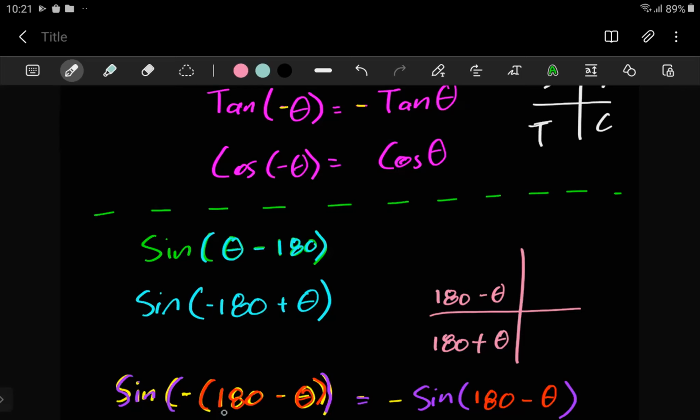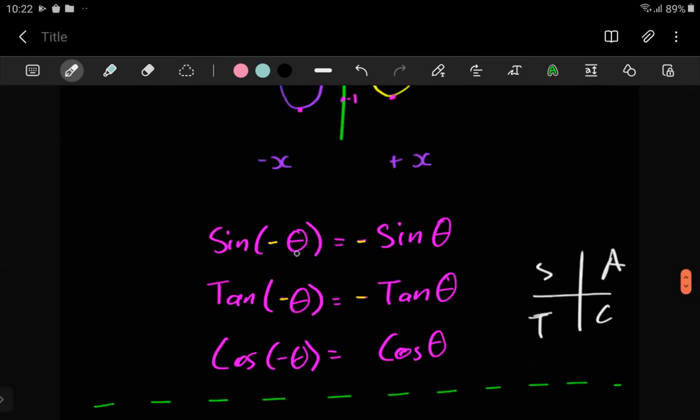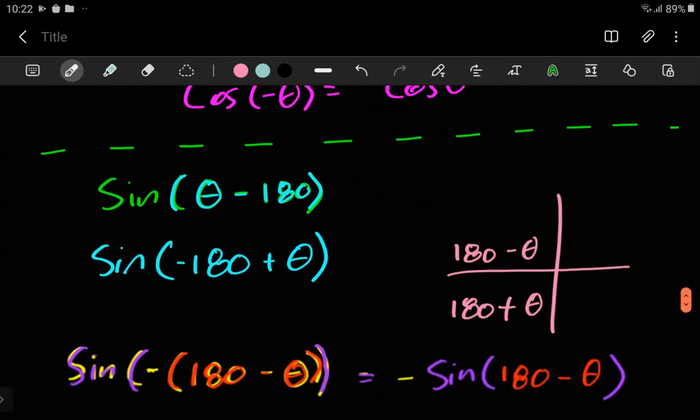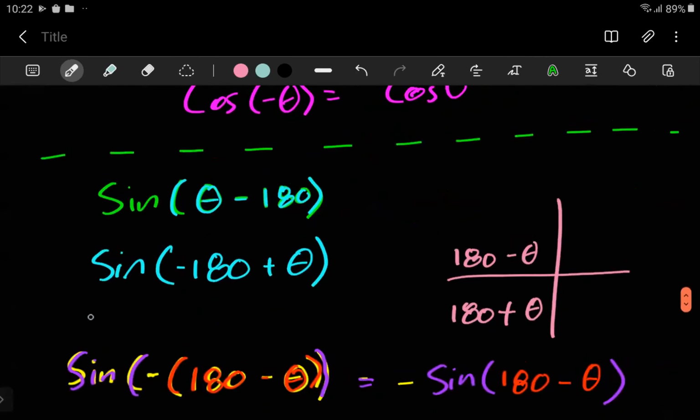So this here has a minus symbol, and this minus symbol we can write outside based on this law. If there's something here with a minus, you can write that minus outside. That's all we did here. This minus here, we wrote it outside, which is how we have this.